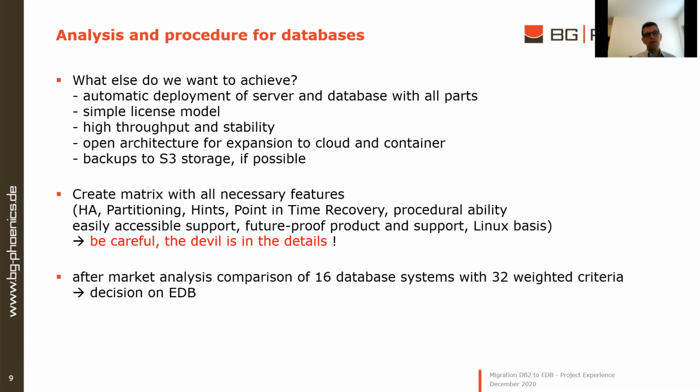We want a simple license model, high throughput and stability, an open architecture for expansion to cloud and containers. And if possible, we want to have the backups on S3 storage. This would give us the possibility to move the long-term backups, for example, to cheaper storage or to a cloud solution.